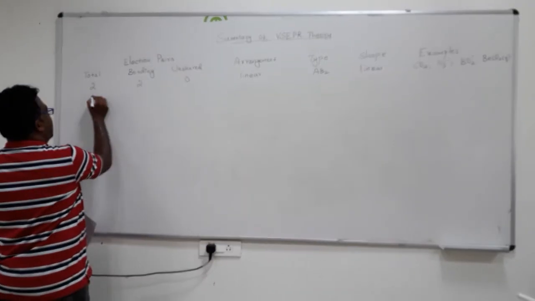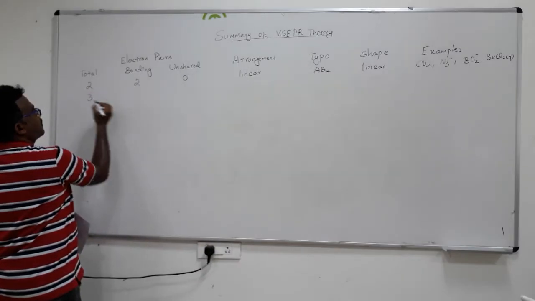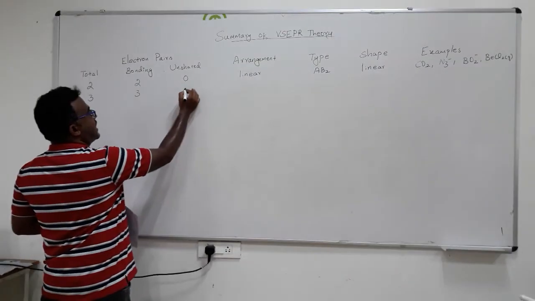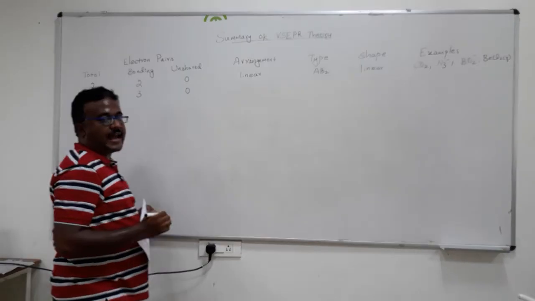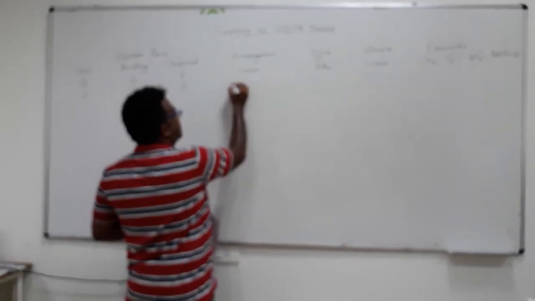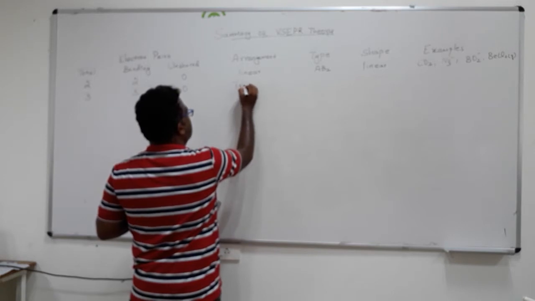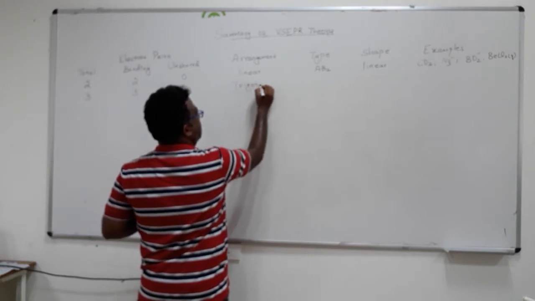Next, the total number of electron pairs is 3. Bonding electron pairs are again 3, lone pairs 0. That arrangement we call trigonal planar.